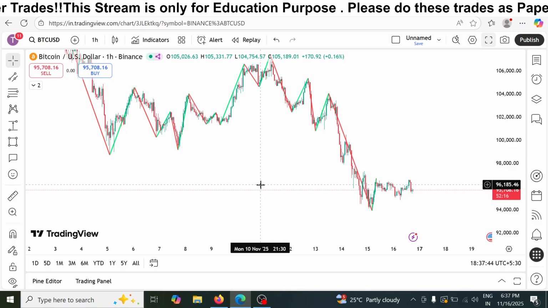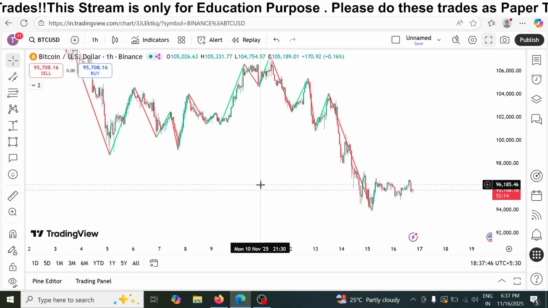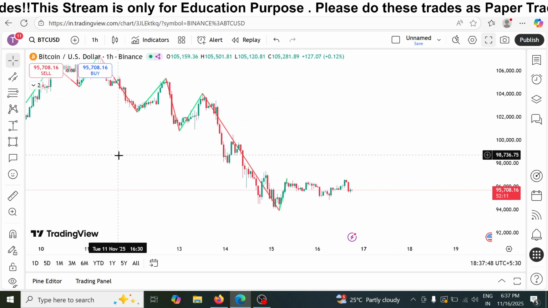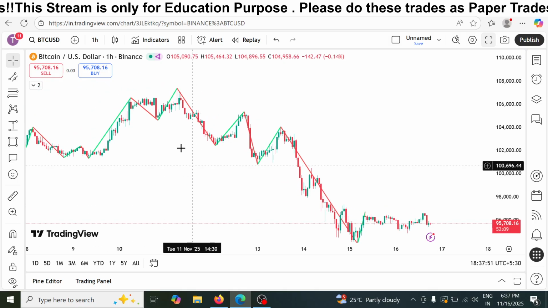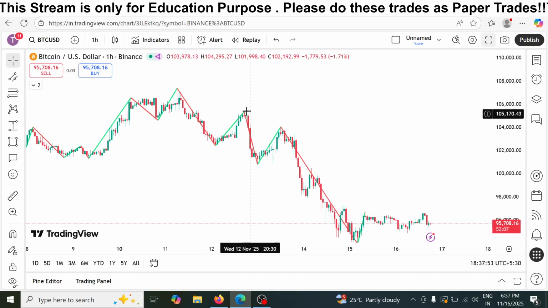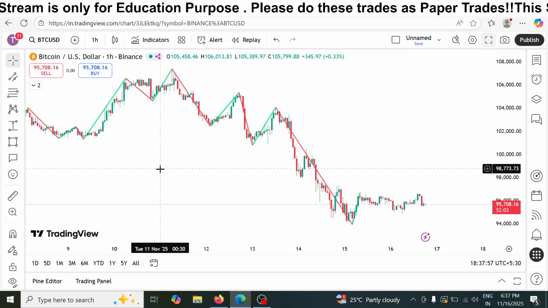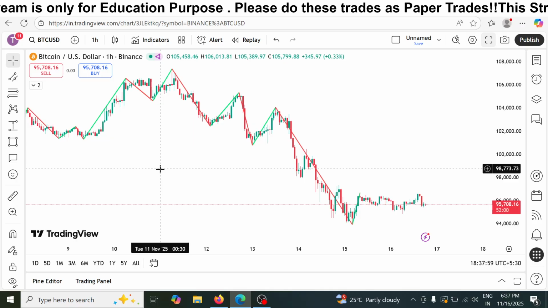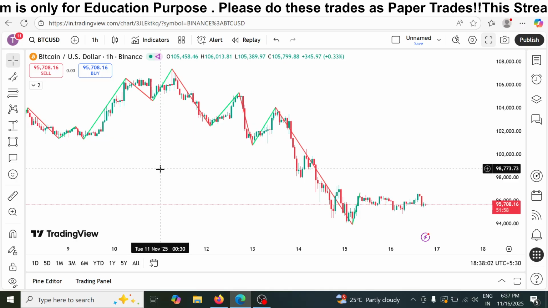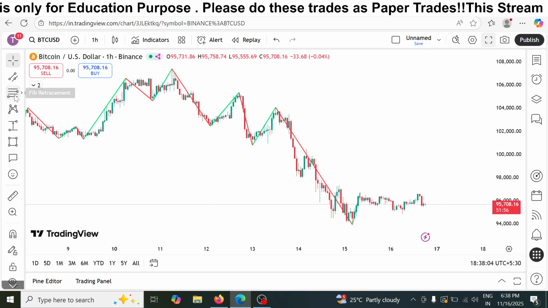And not only that, I don't use this indicator just to know about this. I use this indicator to know where my swing is coming, and why I use swings is for one of the best tools which I use on TradingView, which is the Fibonacci level, right?